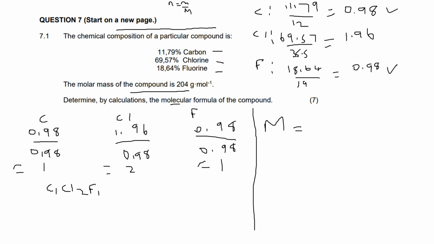So it will be 1, which is there, multiplied by the molar mass of carbon, which is 12, then plus 2 multiplying the molar mass of chlorine, which we just found before as 35.5. And then plus lastly 1 multiplying the molar mass of fluorine, which is 19. Then from there you just add the values as they are.